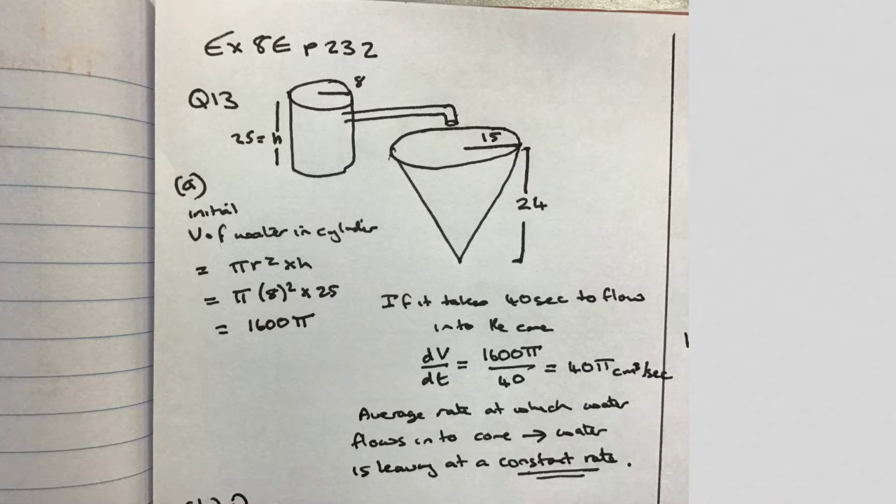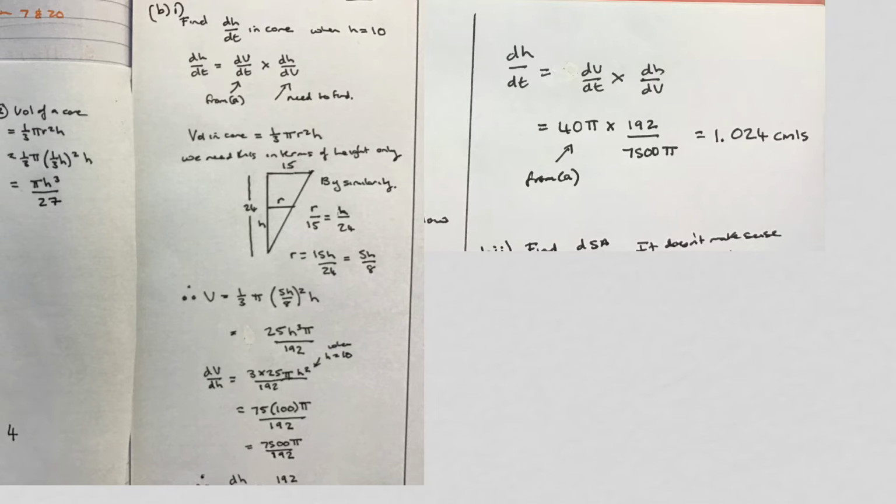Then the next bit, it says, when the depth of the water is 10, find the rate of change of the height of the water. So we're looking for dH over dt. We're looking for the rate of the change of the height inside the cone. And we just found the rate of the change of the volume, so surely we're going to use it.